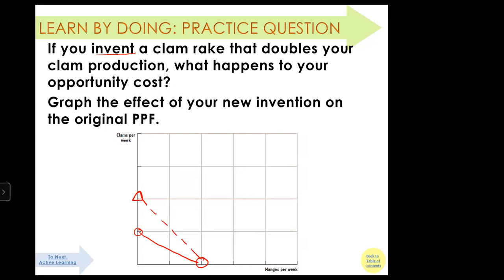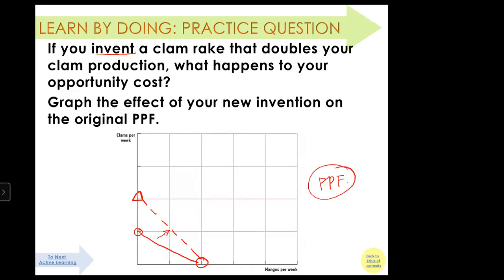And there are two things we can learn from this diagram. Number one, we have an outward move of our PPF. And this is similar to what we saw in previous slides.